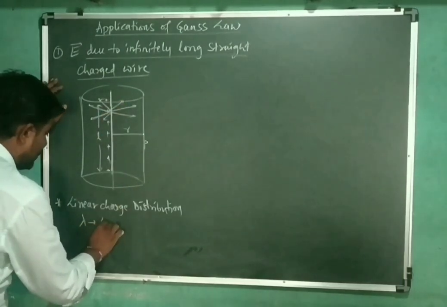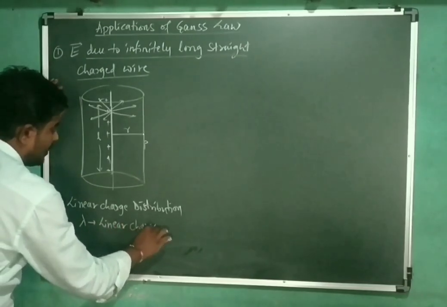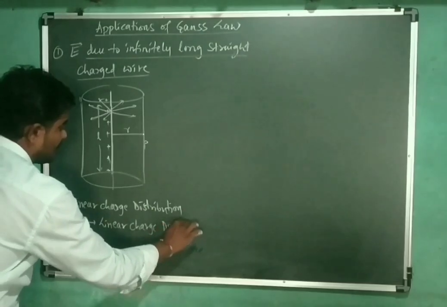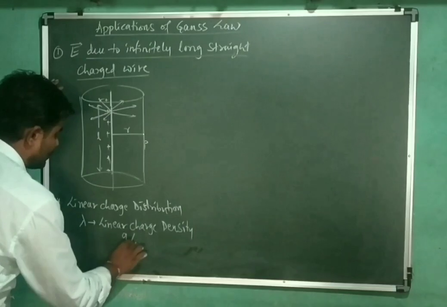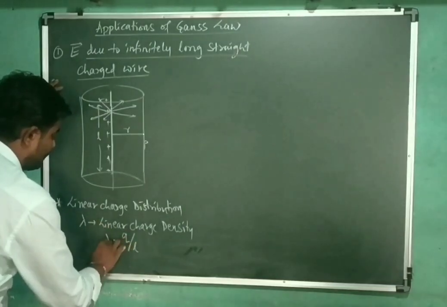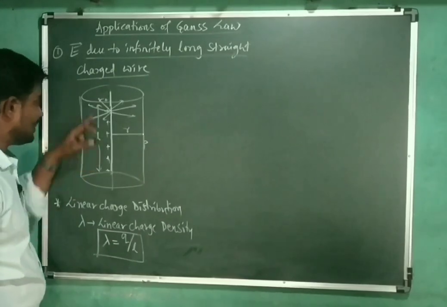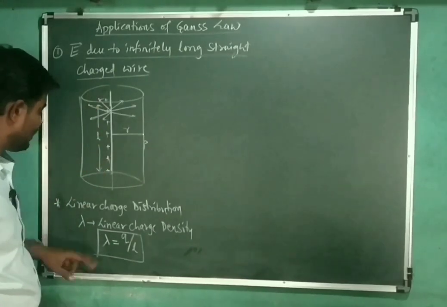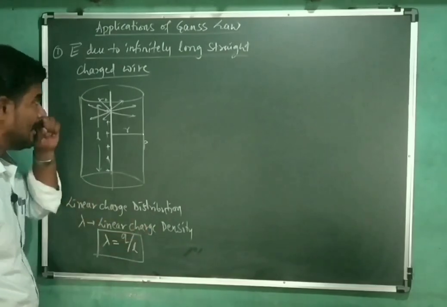Lambda is what? Linear charge density. What is linear charge density? Charge per unit length is called lambda. Since the total length L is infinite, we have defined one term, that is lambda, the linear charge density.